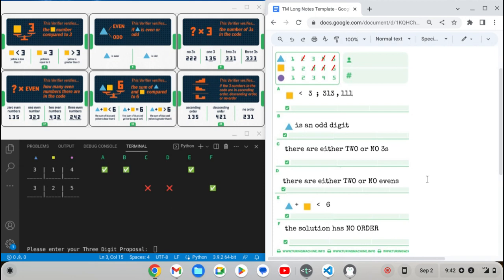Okay. But then we could have 115 as well, because again, that has no order. Or we could have 121. Well, we can't have 121 because it's either no evens or 2 evens.